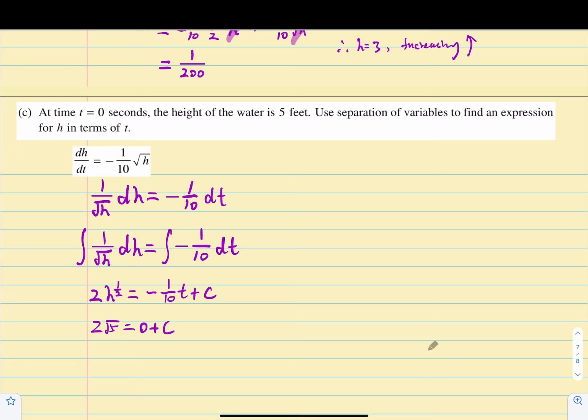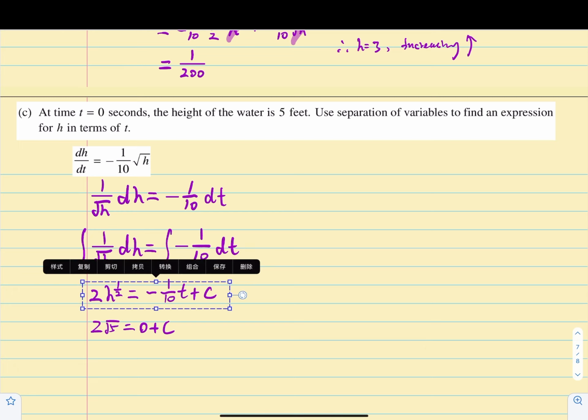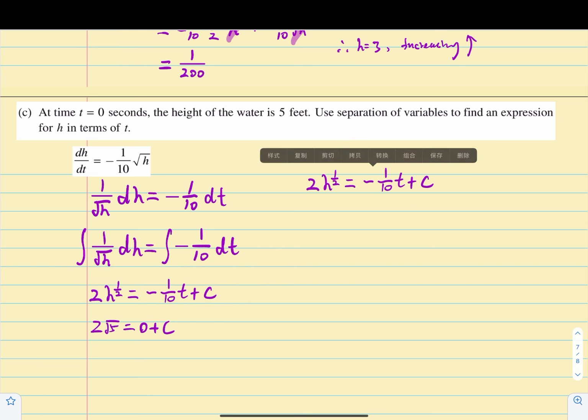So we put it in. This will equal 2 multiplied by square root of 5.